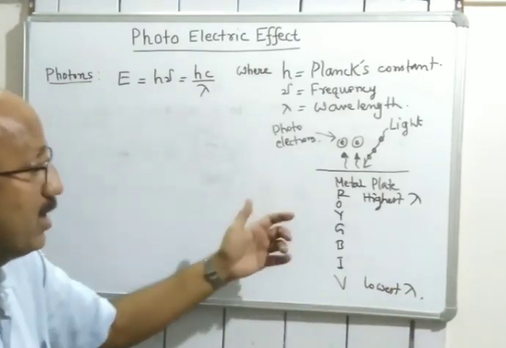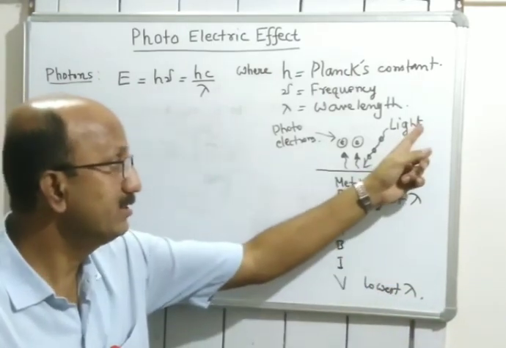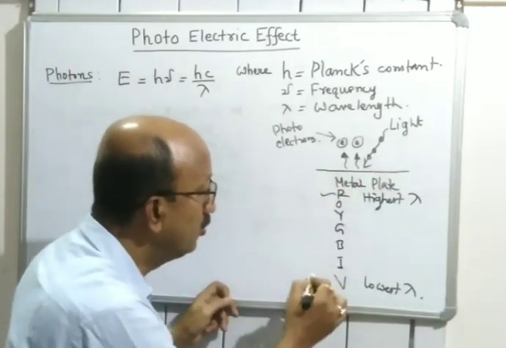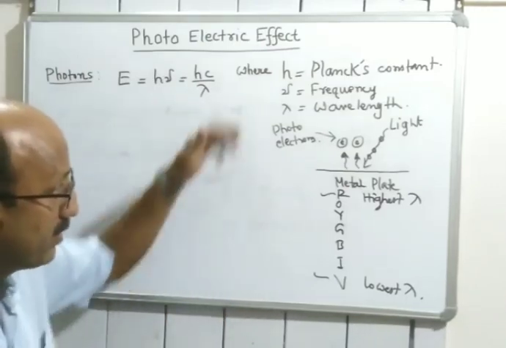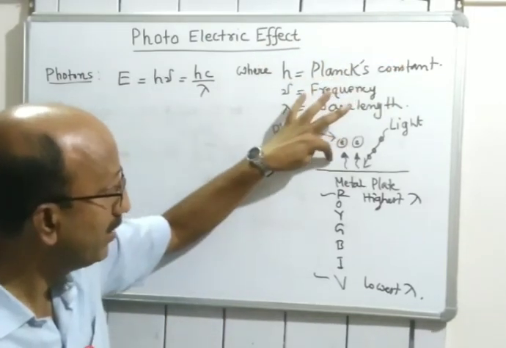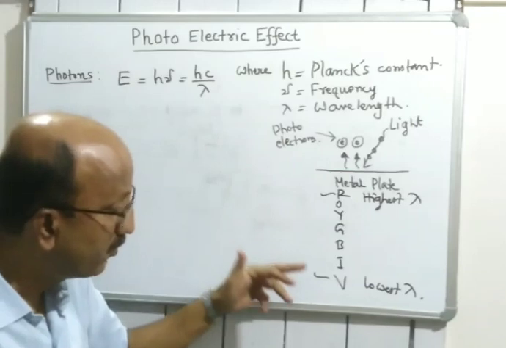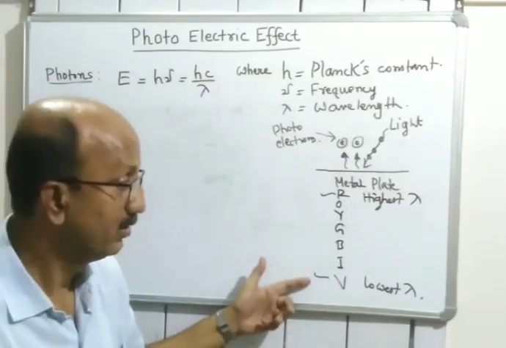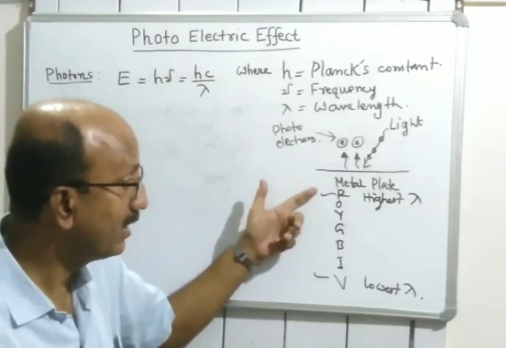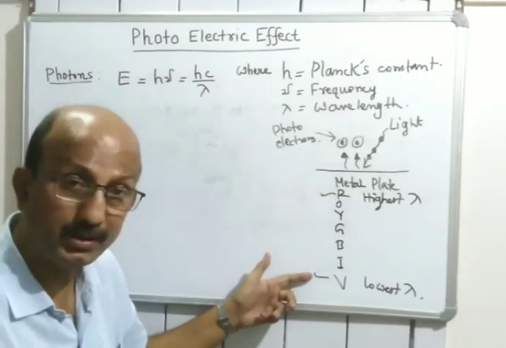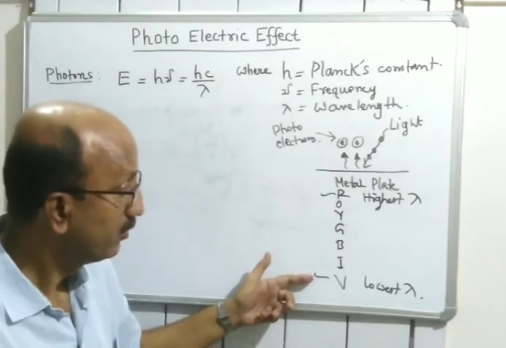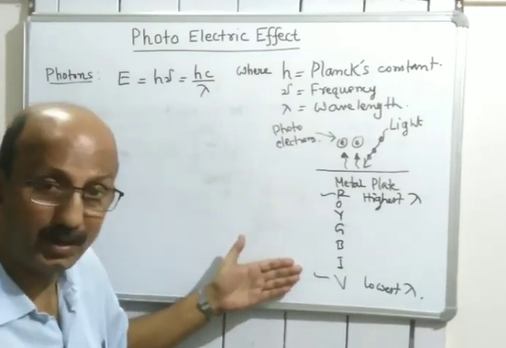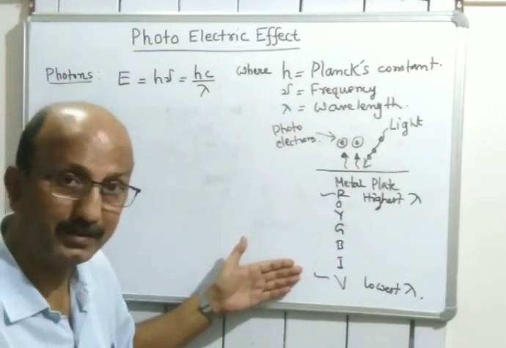So if someone is changing the light which is falling on the metal surface from red to violet, he is actually changing the wavelength. Red has the highest wavelength but violet has the lowest wavelength, which means that I am decreasing the wavelength of light which is falling on the metal surface.